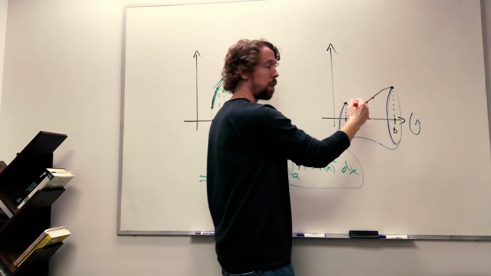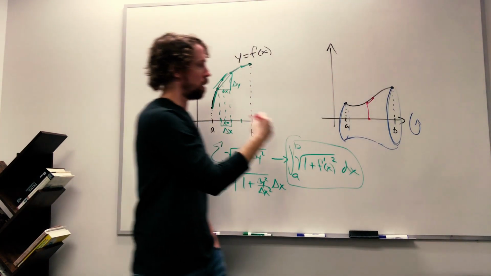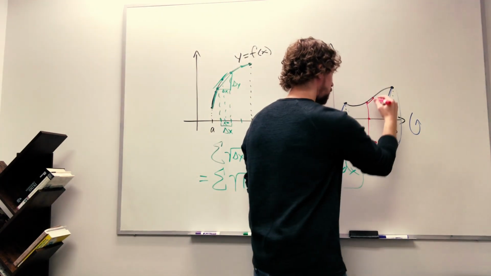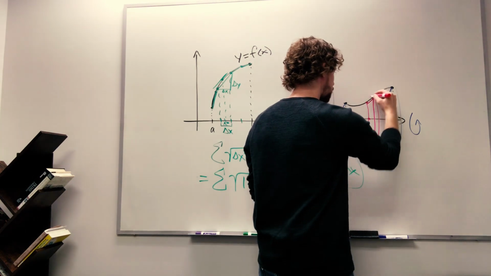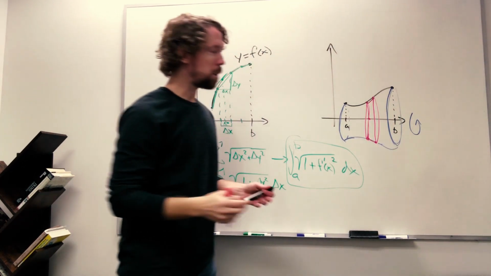So instead of a curved line, I'm going to use a straight line like I did over here. And then what I'll get is a ribbon type of thing.